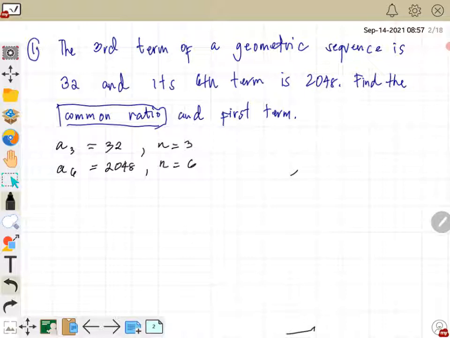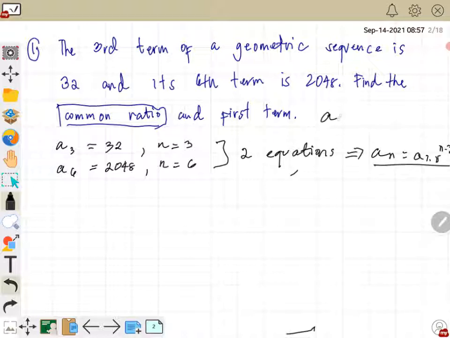So what we're going to do is we will create two equations out of our general term, which is a sub n equals a sub 1 times r raised to n minus 1.